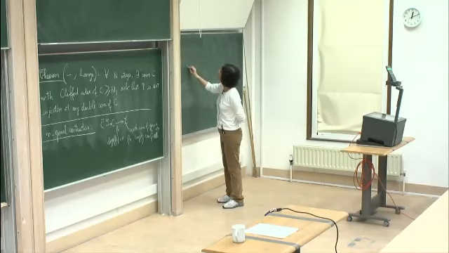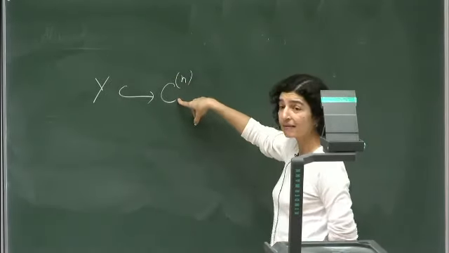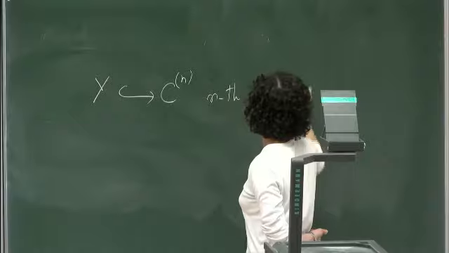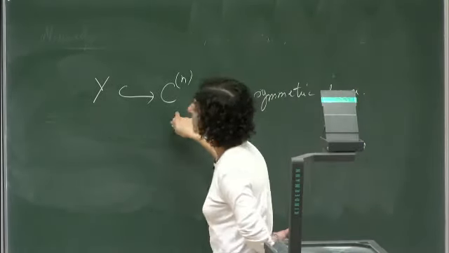We have a diagram. We can embed Y inside C^n. This is the nth symmetric power. And how does the embedding work?